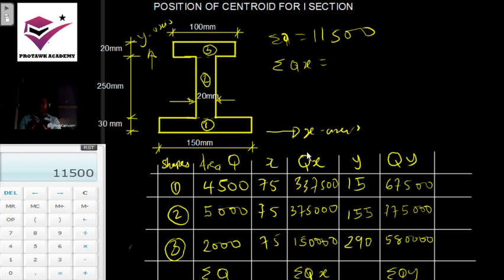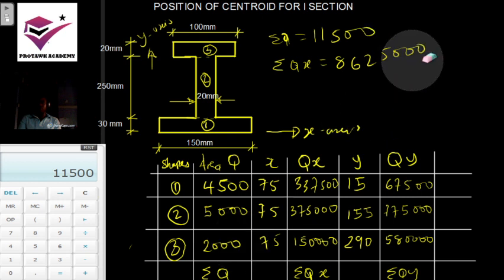So we use 337,500 plus 375,000 plus 150,000. This will be equal to 862,500.